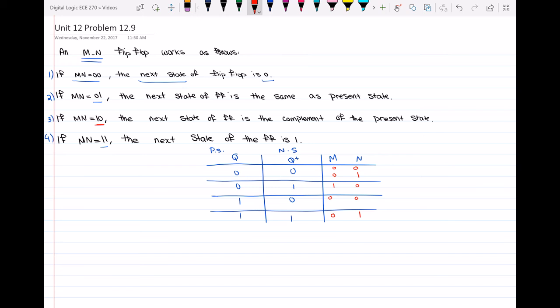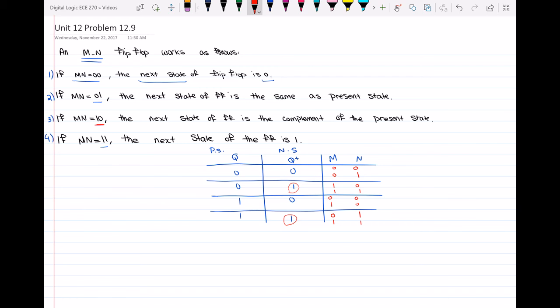And also in the third row of this table, we have q equal to 1 and q plus equal to 0, which means that the next state is the complement of the present state. So mn can also be equal to 1, 0. And then the last statement says that the next state of the flip-flop is 1. So wherever we have 1 as the next state of the flip-flop, which is here and here, mn should be 1, 1.